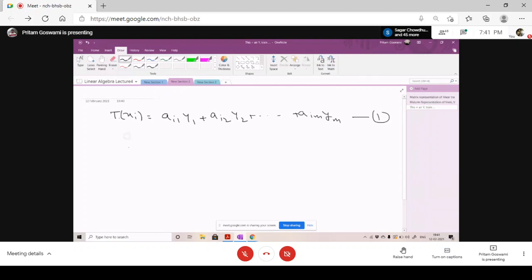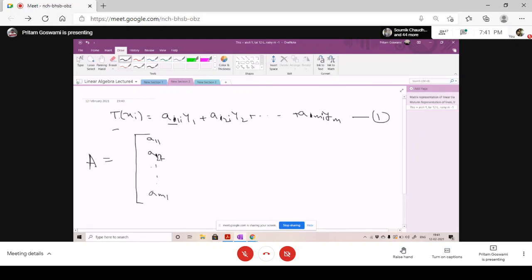Now for x1, suppose I construct a matrix like this. For x1, the scalars you will get are a11, a21 up to am1. I messed up here, sorry.